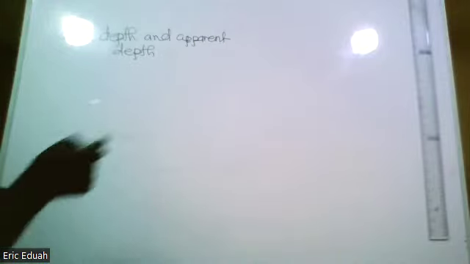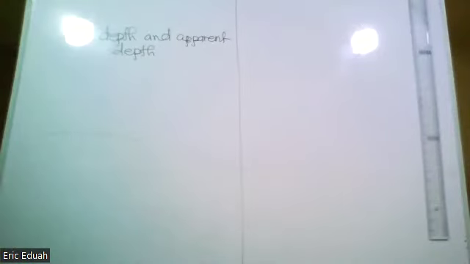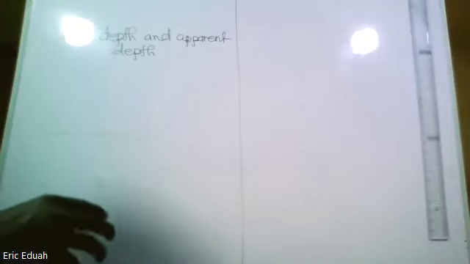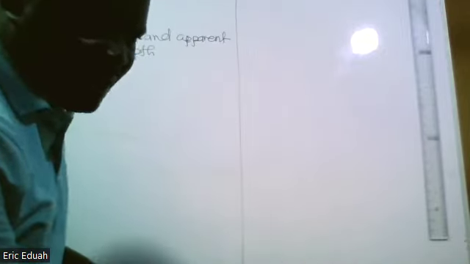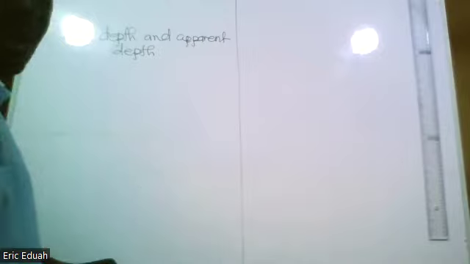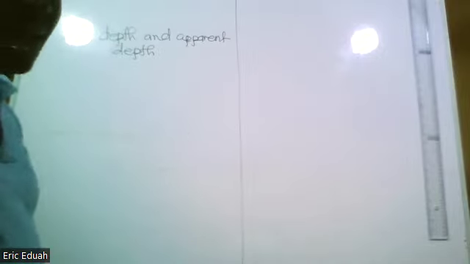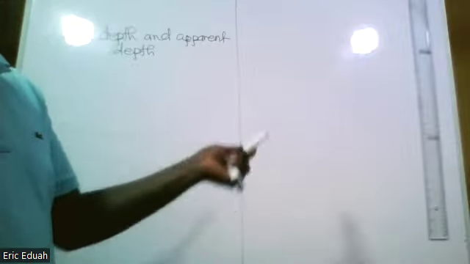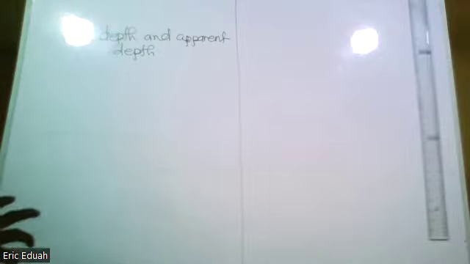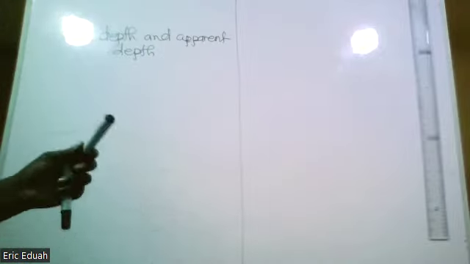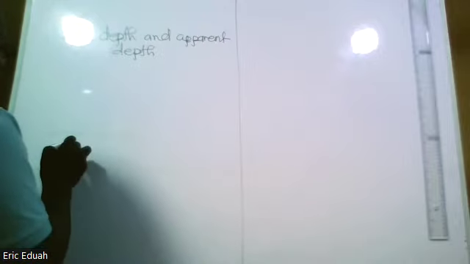Okay. It is based on the fact that when light travels from a denser medium into a less dense medium, or from a less dense to a denser medium, there's always deviation. So it seems to shift the ray of light.